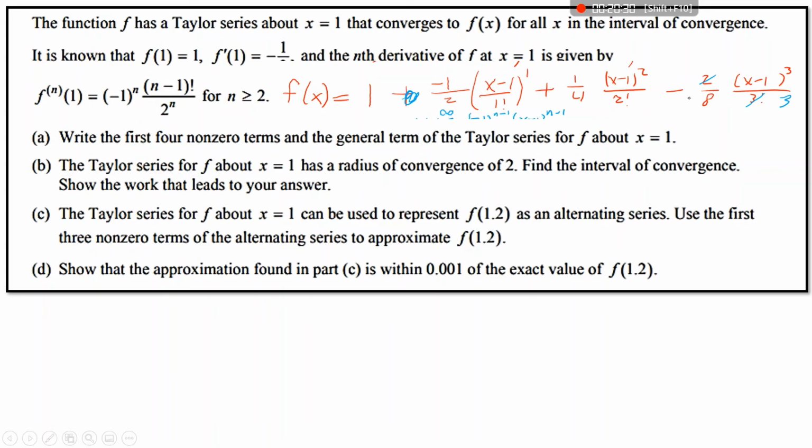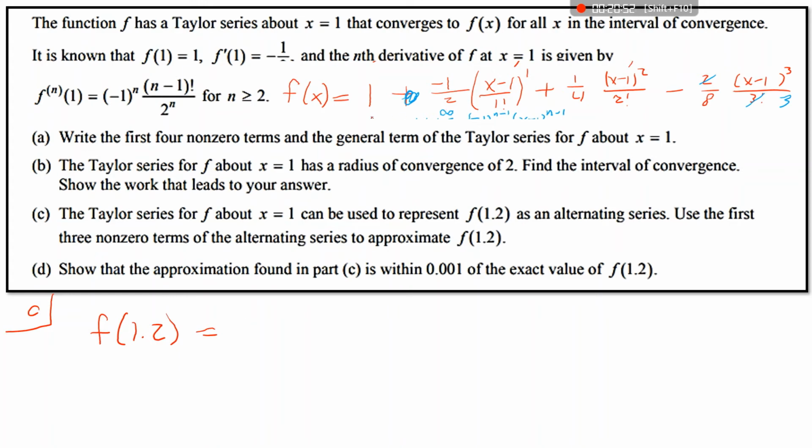What do I need to do? You plug in 1.2 from the general term of the series that we did in part 1, isn't it?